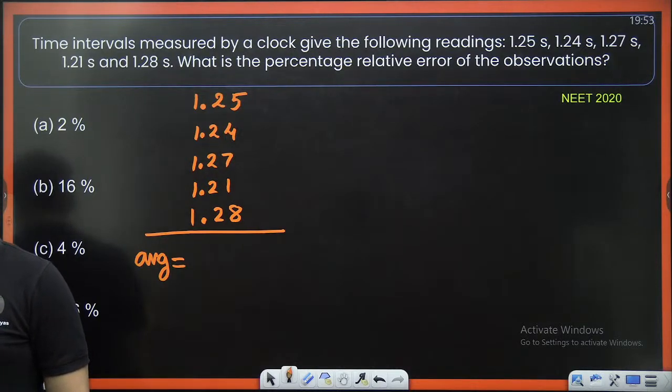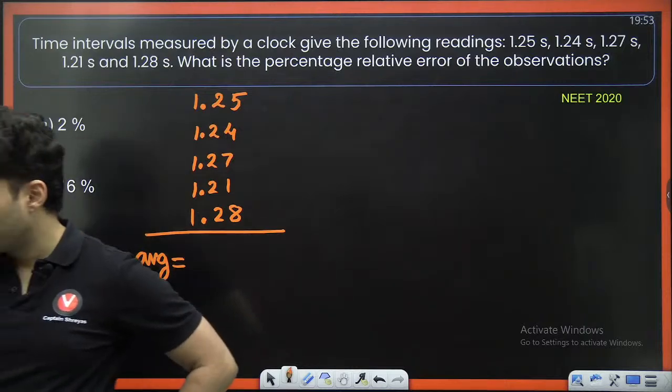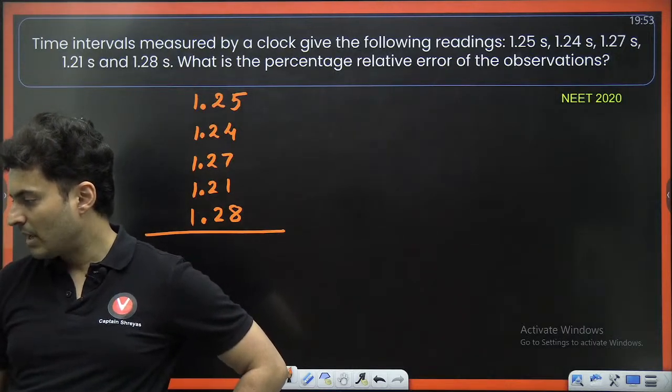Add all of them, and see how much it is. And divide by 5 quantities. How much is it coming out to be? Everyone?